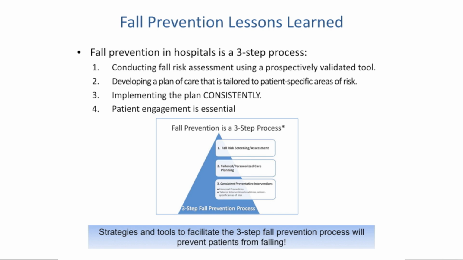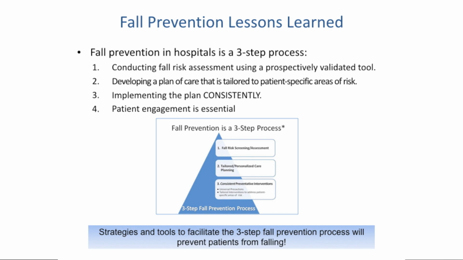Coming out, we said, all right, fall prevention in hospitals is a 3-step process. We need to conduct a fall risk assessment, and we have to use a prospectively validated tool. We were using the Morse Fall Scale. Then we need to use the results of that assessment to develop a plan of care that's tailored to patient-specific areas of risk. And then we need to implement the plan consistently.